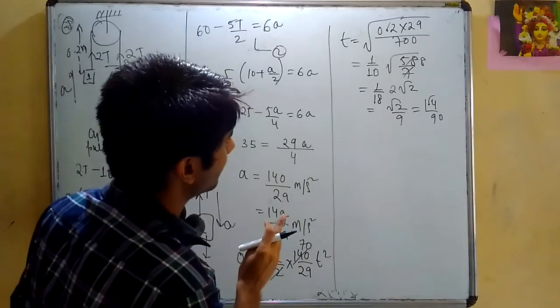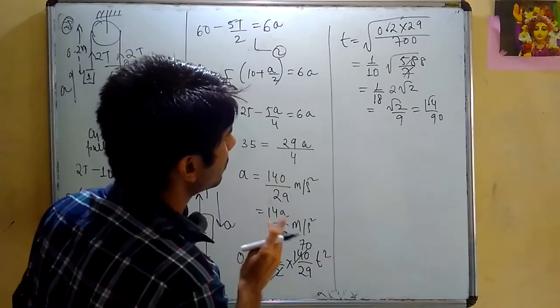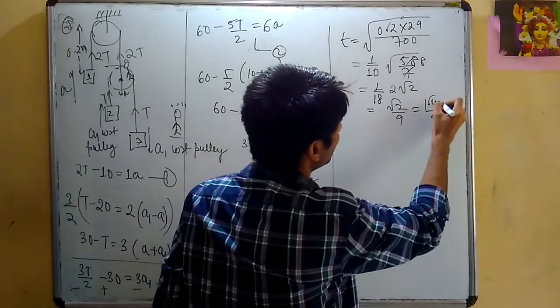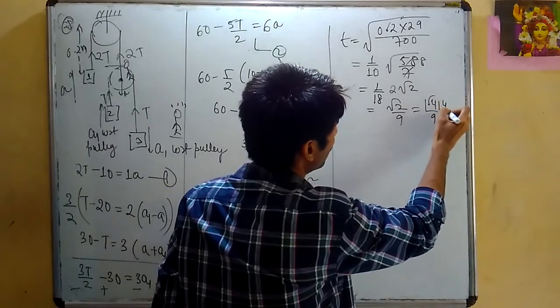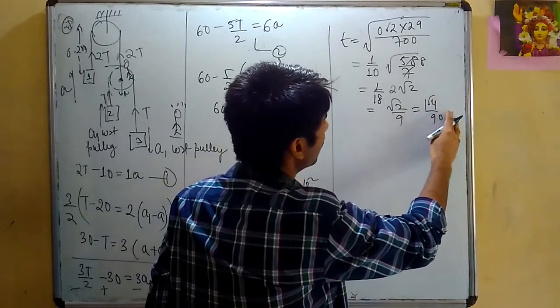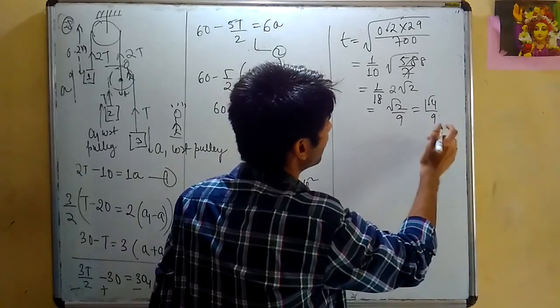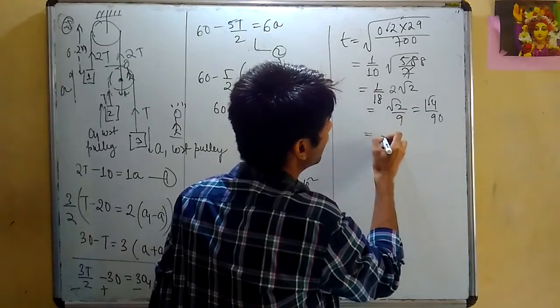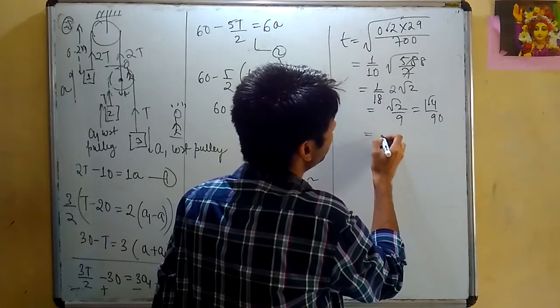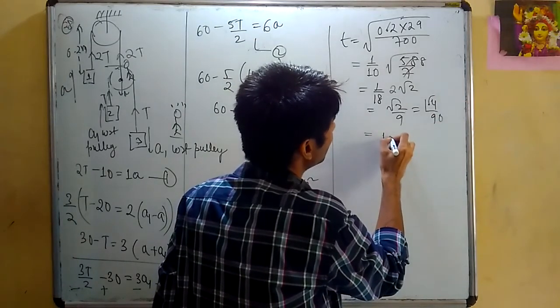Okay, I can take it as 2 root 2. So this is root 2 by 9 approximately. This is 1.414, or for argument's sake, let us take 1.4 only. 1.4 by 9. This is 14 by 90. What is the value of this? 9 ones are 9.